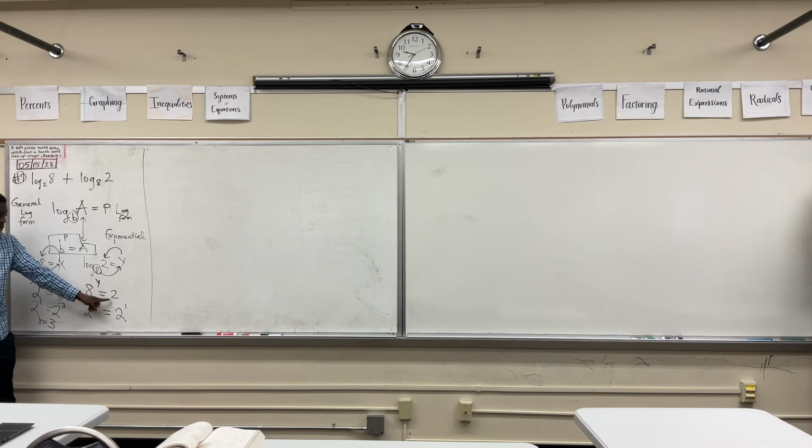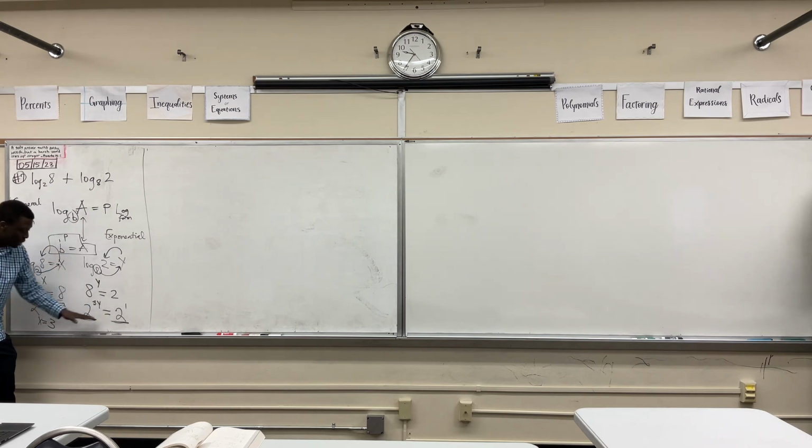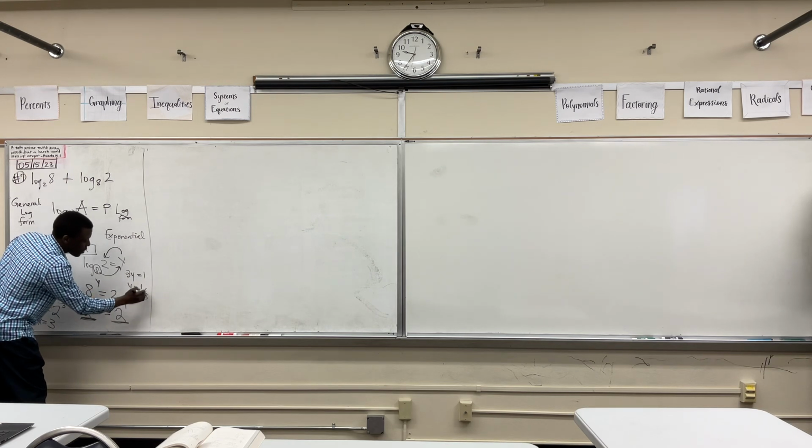Now keep in mind 2 by itself is the same thing as 2 to the first power. So now I can set 3y equal to 1 because the foundation, the 2's here, are the same. So the rule says you can set 3y equal to 1. If 3y is equal to 1, then y is equal to 1/3.